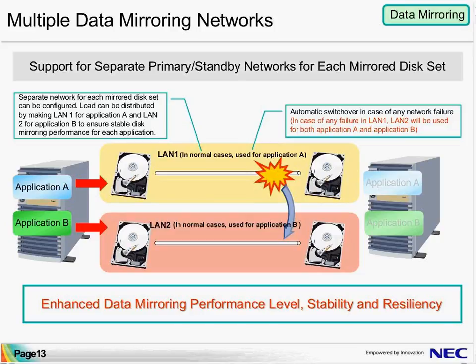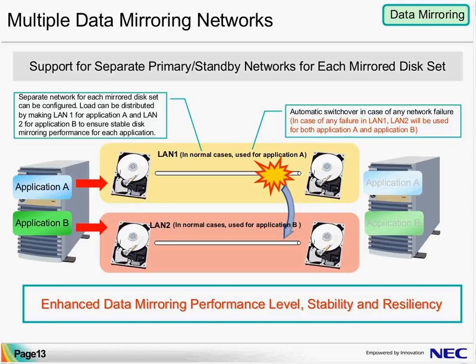That is a shared network link, regardless of how many sets of data mirroring protection exist on the system. In some cases, that can cause unintended contention or impact on data mirroring performance when there are multiple disks to be mirrored.